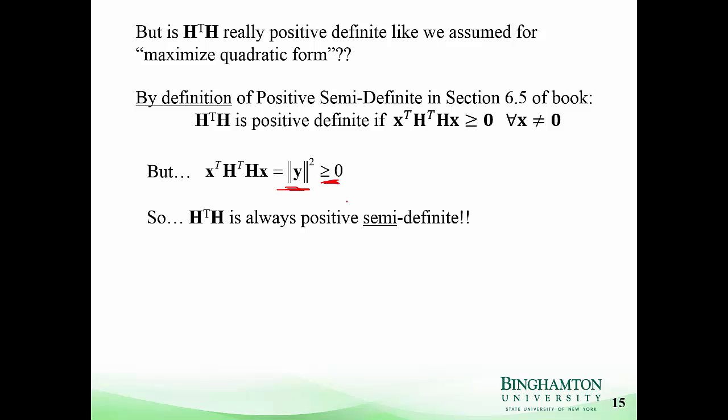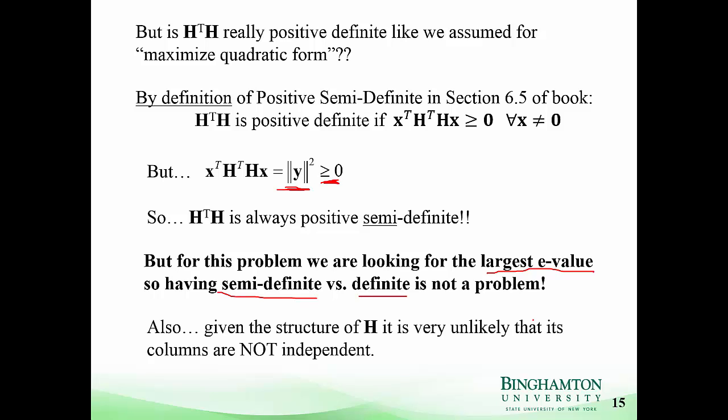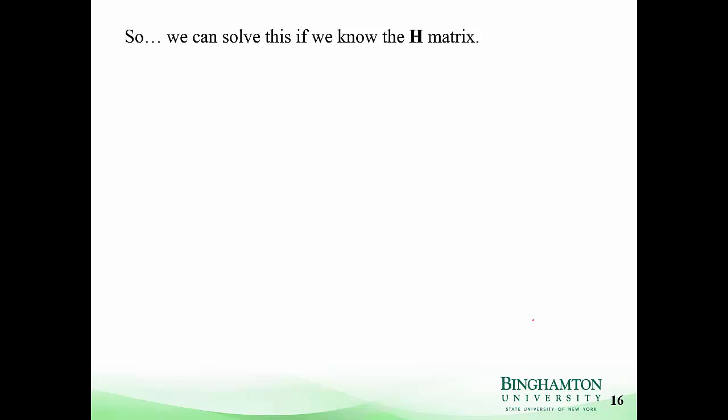But as we just said earlier, you look at the structure of that H, and it's highly unlikely that you're going to get an H for which this thing is not positive definite. But the reality is since we're looking for the largest eigenvalue, whether it's positive semi-definite or definite, it's not going to matter. That will not change whether we can find the largest eigenvalue this way or not. Remember, semi-definite just allows the smallest eigenvalue to be 0. So we're in good shape here.